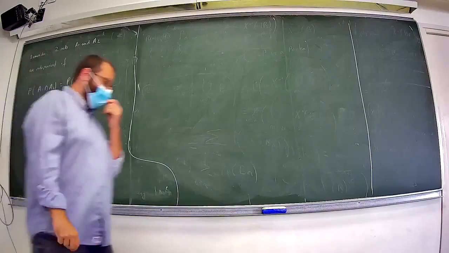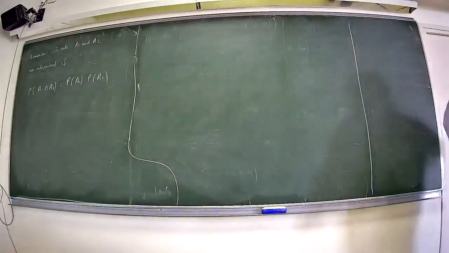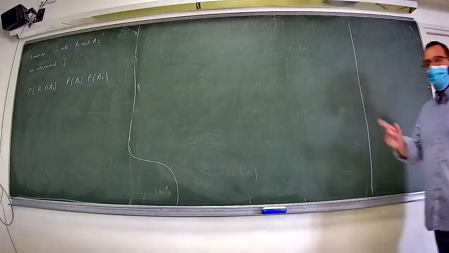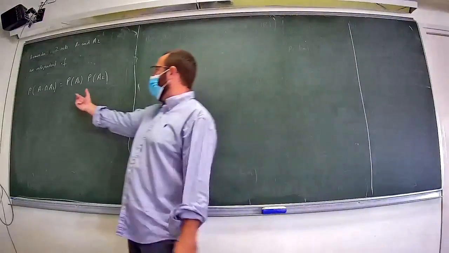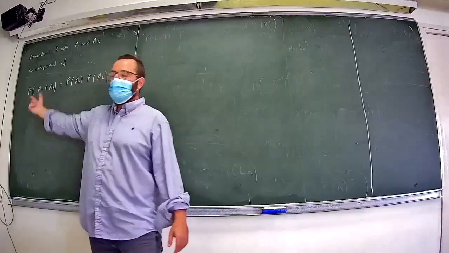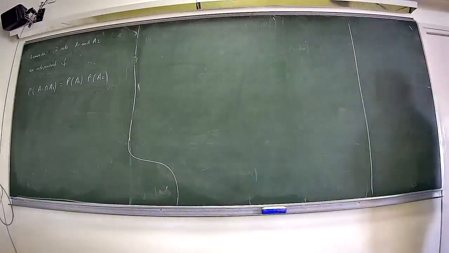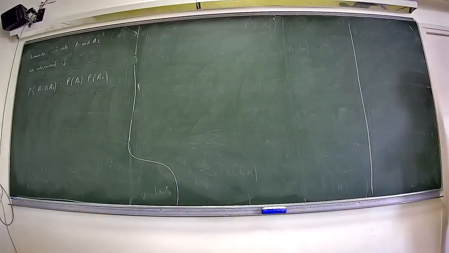Okay? So in general, it has nothing to do with being disjoint. And typically, you see that if you are independent and disjoint, it means that at least one of them has to be equal to 0, because the probability of the intersection in the case where they are disjoint is 0. So this is to be independent for sets.